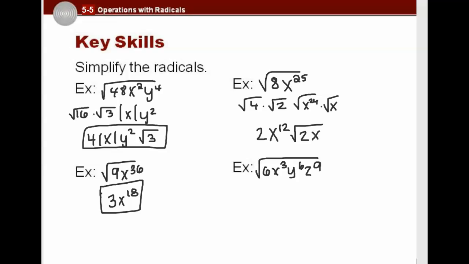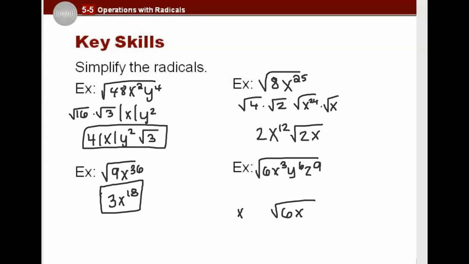So the last one, I have 6, x cubed, y to the 6th, z to the 9th. 6 only breaks down into 2 and 3, so it cannot be simplified. So the square root of 6 is staying in my radical. X cubed is like x squared and x, so an x comes out and an x stays in.